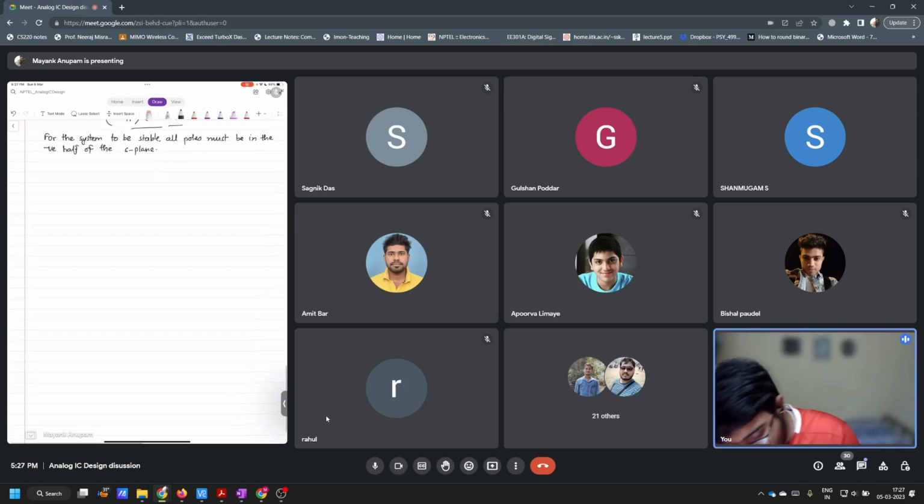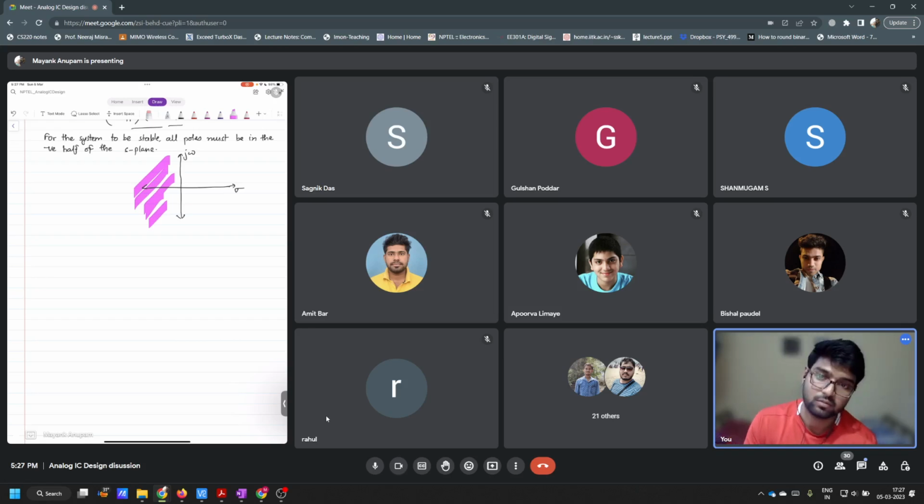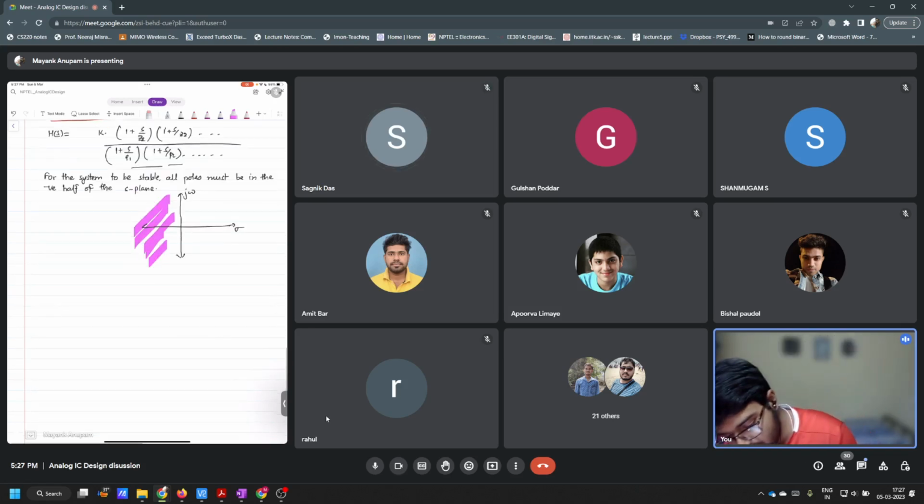If you have this s plane here, this is sigma, this is j omega, so all the poles must lie in this region. Correct. So is there any constraint on zeros for stability?